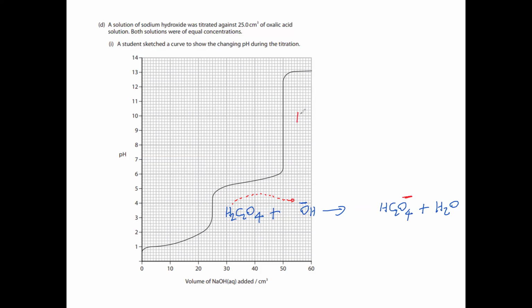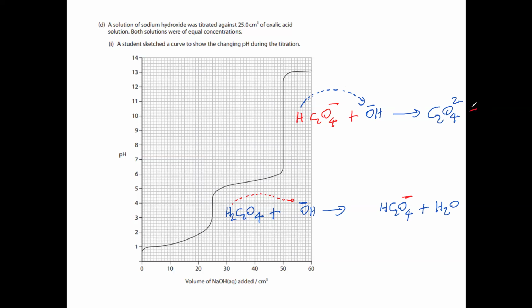Now this HC2O4 minus will neutralize with another OH minus. It gets the second H plus ion removed, giving you C2O4 2 minus, and a water molecule is produced.